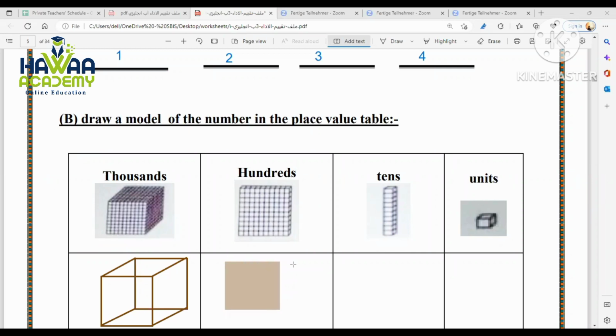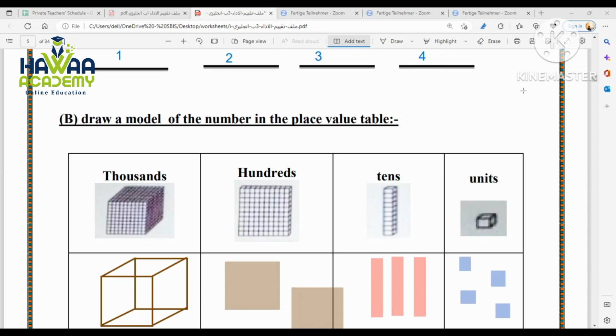We have 200, so here's 100, and here is 200. Okay, now we need to make the tens place. We have 3 tens, so here's 10, 20, 30. And don't forget, we said that it's 1,234. So we need to make the 4 ones. Here's 1, 2, 3, and 4. Easy, and we can show some art.